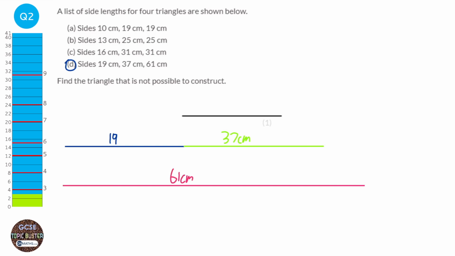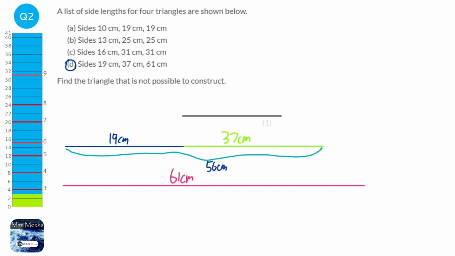Now, looking at the first 2 sticks, the combined distance of them, so when we add them together, 19 centimeters plus 37 centimeters, is 56 centimeters. So that's the combined width of them. And you can see that that wouldn't be able to create a triangle if the third stick is 61 centimeters.